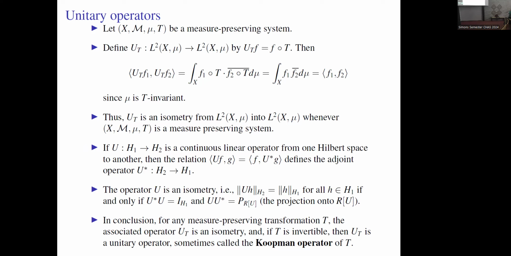So if we have a measure preserving system, it is good to consider the associated unitary operator, which can be defined in this way. For every square integrable function f, we introduce U_T of f, which is f composed with T. Then we immediately see that this is an isometry because of this identity, since mu is T-invariant. So this is an isometry between these two L^p spaces whenever the system is measure preserving.